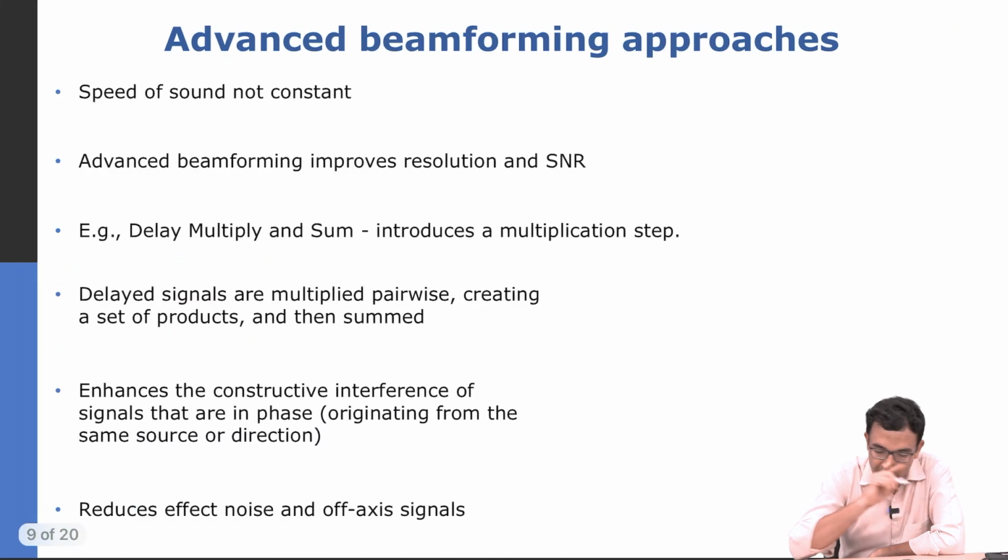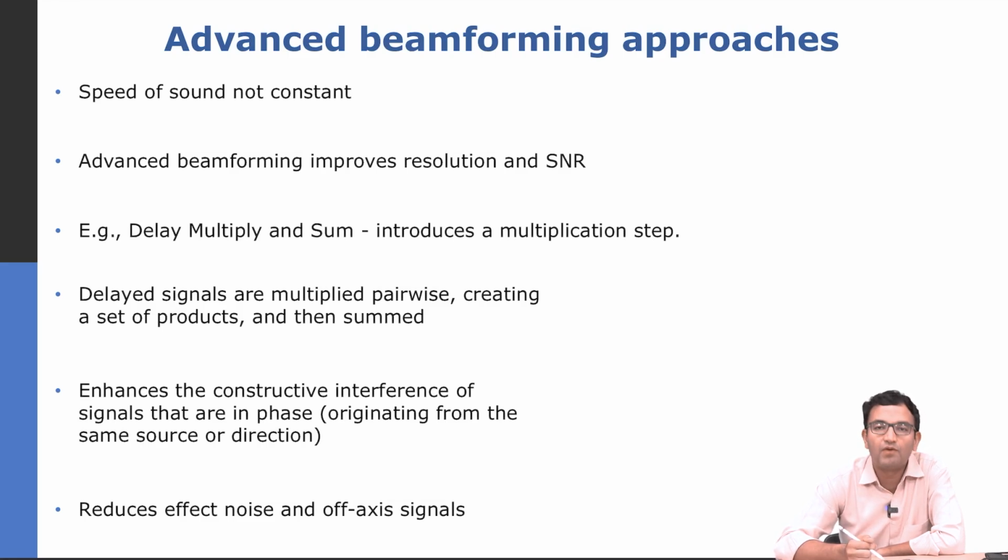But this assumes a uniform speed of sound, or the speed of sound being constant in the entire tissue volume, which is not true because our tissue is inhomogeneous. Luckily, there is not a huge variation in the speed of sound, as you may remember from earlier lectures. There is only a small percentage difference, but that is enough to cause some errors in delay and sum beamforming.